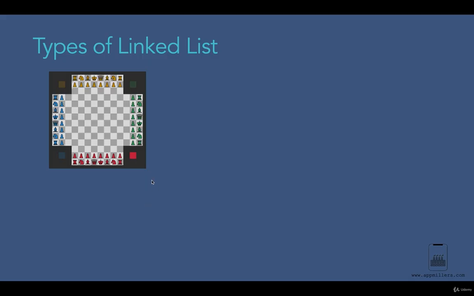So let's say we have a 4 chess player game, and each player plays its turns one by one. So when we reach the last player, we have to come to the first player. So in this case, for example, if we start with the yellow one, then it continues to the blue one, then it continues to the red one, then it continues to the green one, then after green one, it has to come to the yellow one.